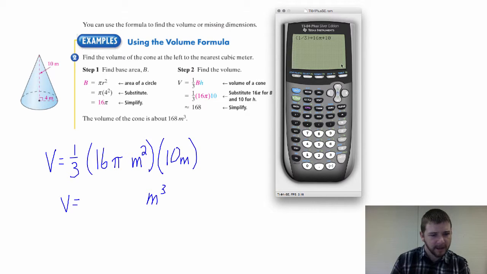Alright, a quick double check. 1/3 times 16 pi times 10 looks good. And we get approximately 167.55, so about 168. I believe our problem asked us to find the volume of the cone at the left to the nearest cubic meter, so that's the nearest whole cubic meter, the ones place, so that will be 168 cubic meters, approximately.